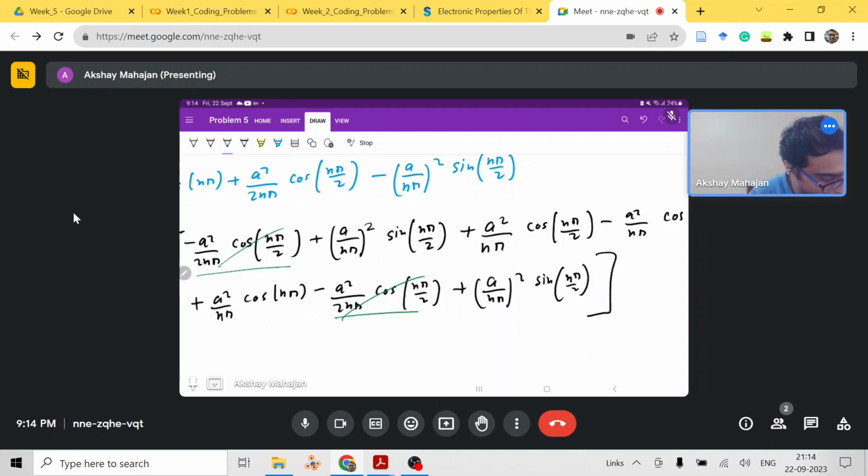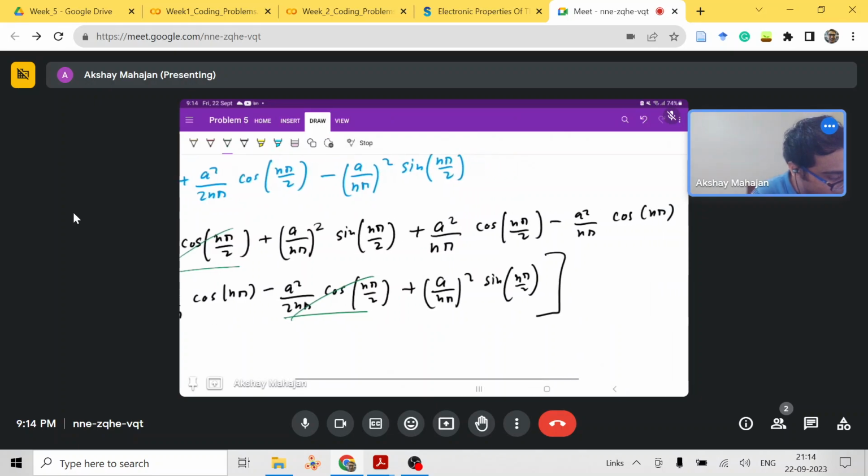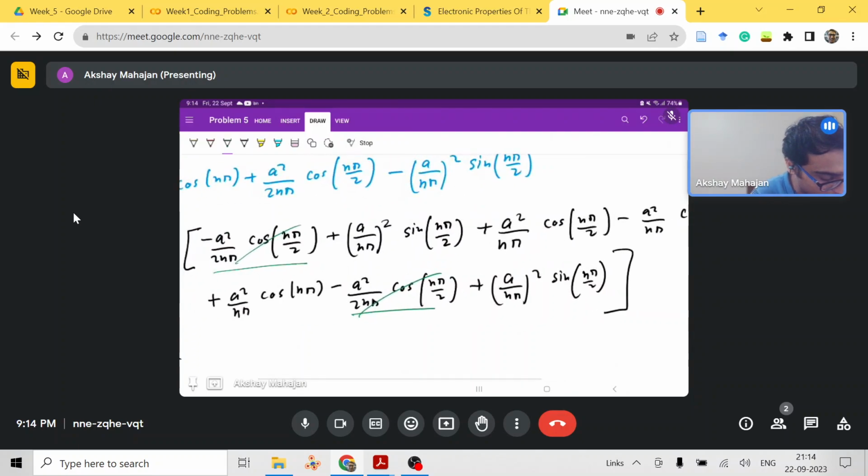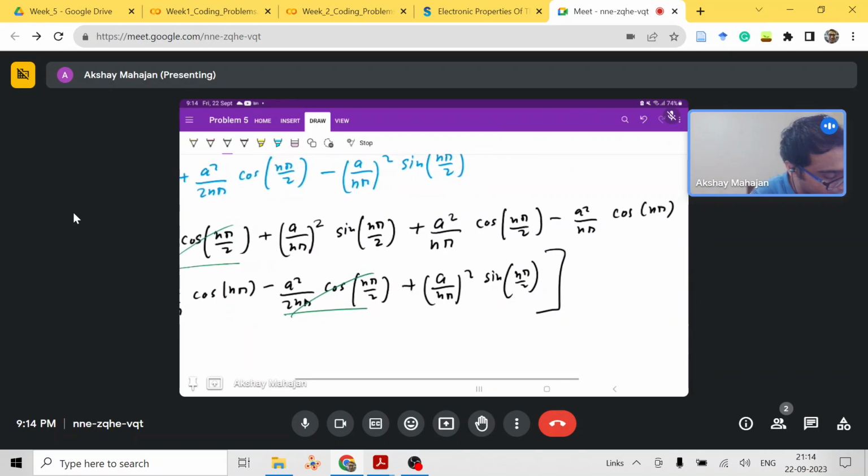My mistake. We have minus a square upon 2n pi cos n pi by 2 minus a square upon 2n pi cos n pi by 2, and this will be equal to minus a square upon n pi cos n pi by 2, and we have a square upon n pi cos n pi by 2. So we just cancel out a square upon n pi cos n pi by 2.